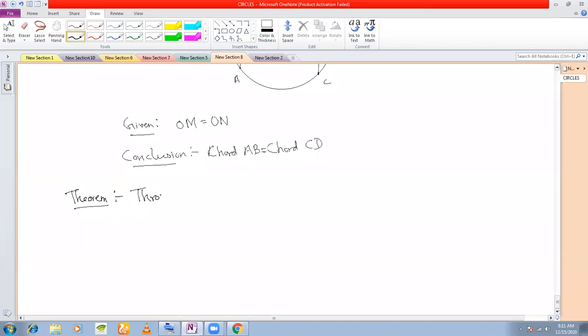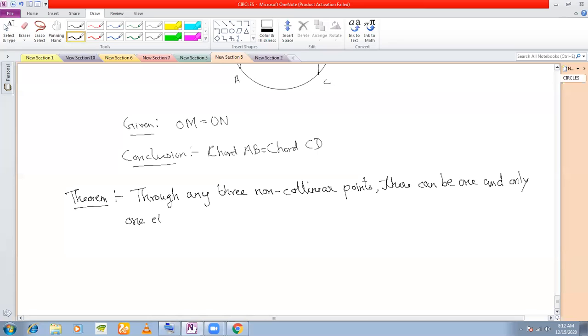Through any three non-collinear points. What do you mean by collinear? On the same straight line. Through any three non-collinear points, there can be one and only one circle.